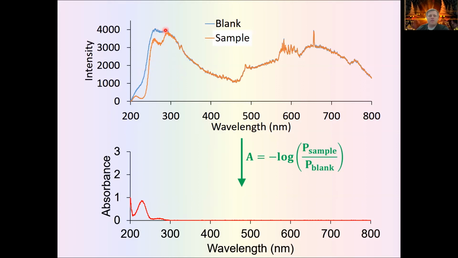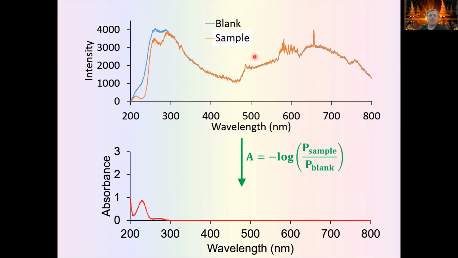You can see the sample and blank have almost identical spectra beyond about 300 nanometers, and that means the sample is not absorbing at all in that region. But these look fairly different between 200 and 300 nanometers, and that means we're actually getting some absorbance by our sample in that region.